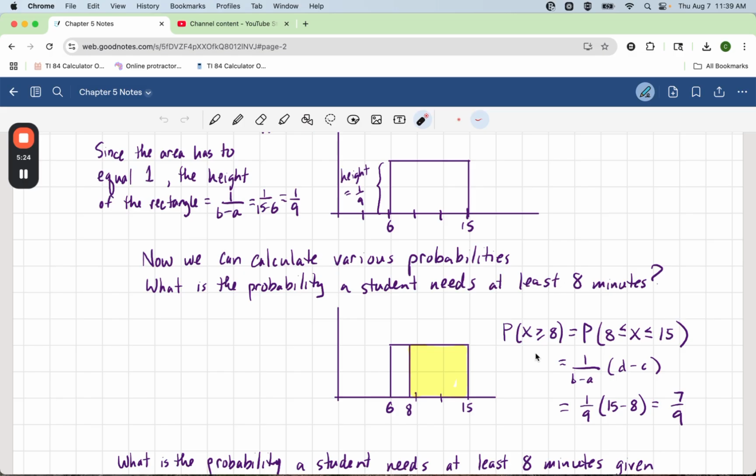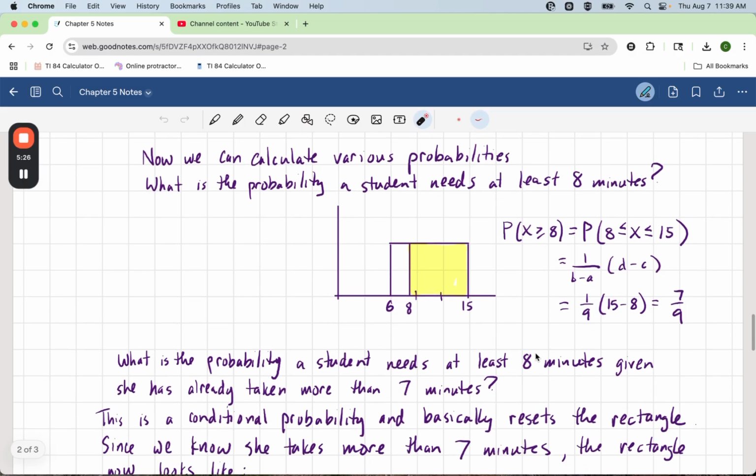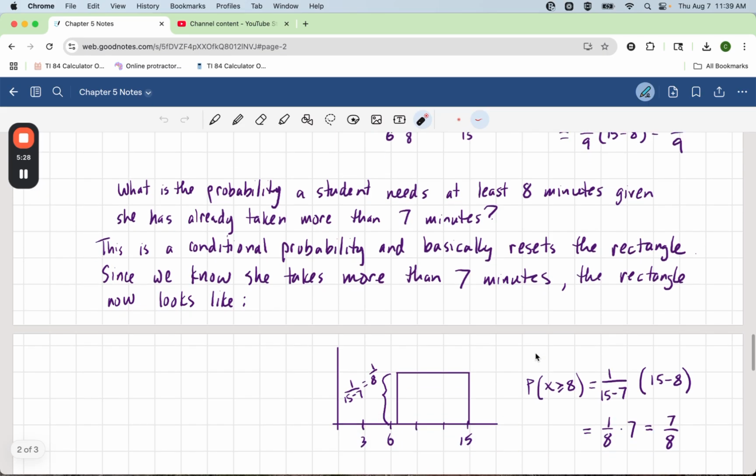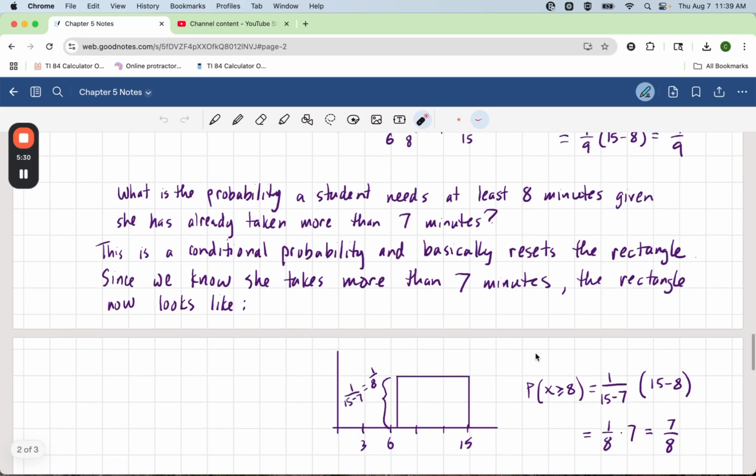Now we can do conditional probabilities in this one. What's the probability that a student needs at least 8 minutes given she has already taken more than 7 minutes? She has already taken more than 7 minutes. What this does, everyone, is it basically resets the rectangle.